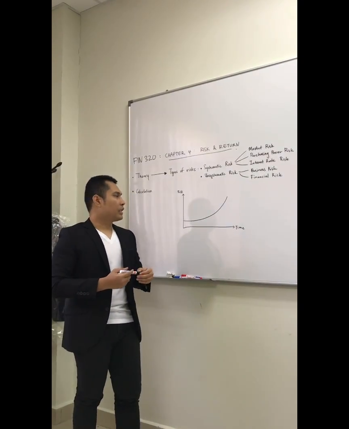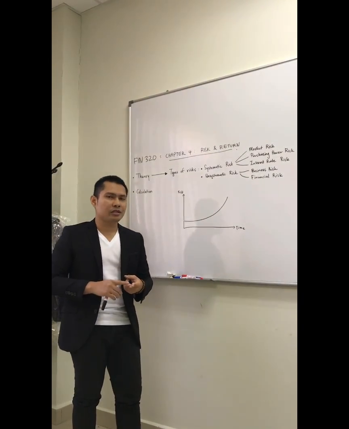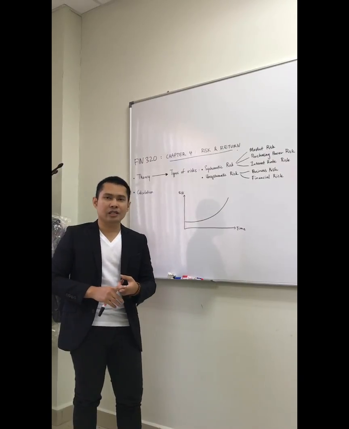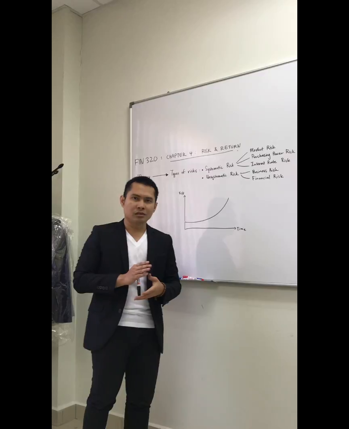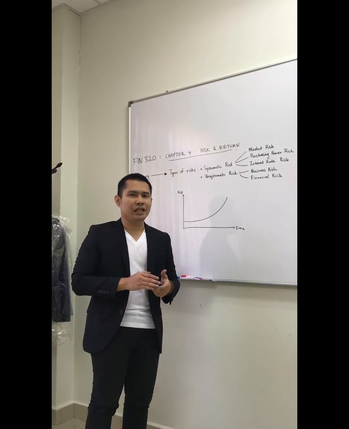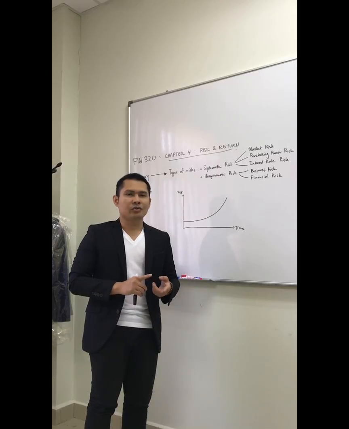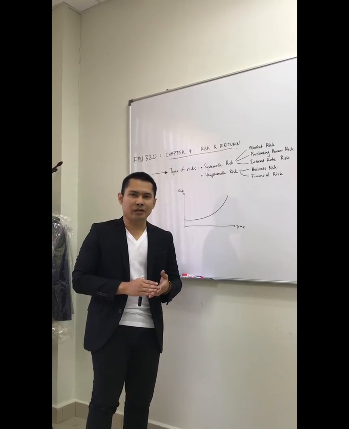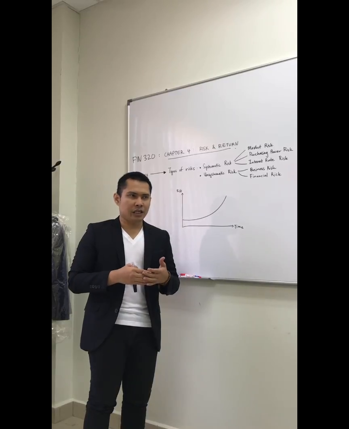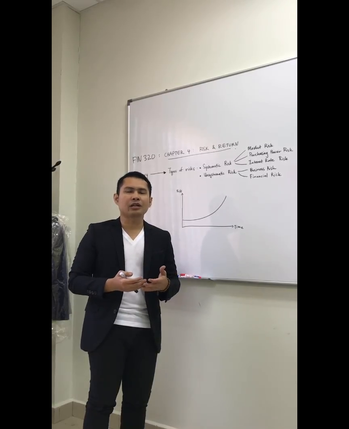Then we have two types of risk, systematic and unsystematic risk. Systematic risks are the risks that you cannot control. It will always be there. You cannot diversify it, you cannot control it. What you can do is prepare for it. So all companies should have a backup plan in case anything uncontrollable happens.